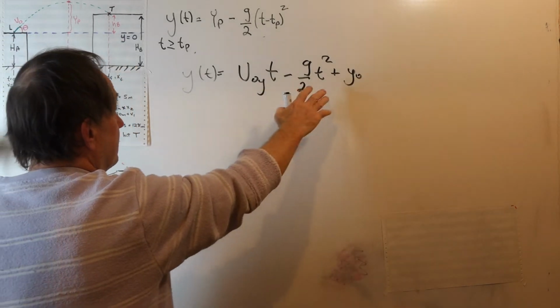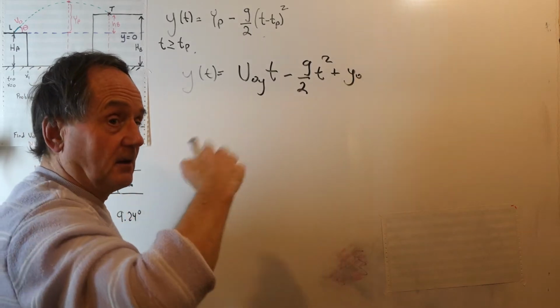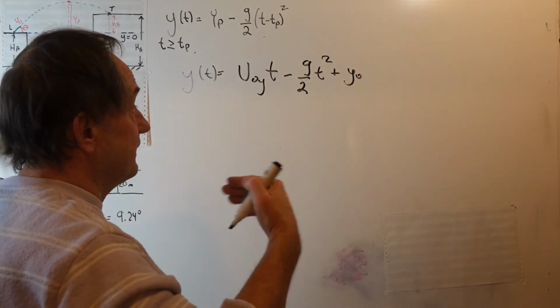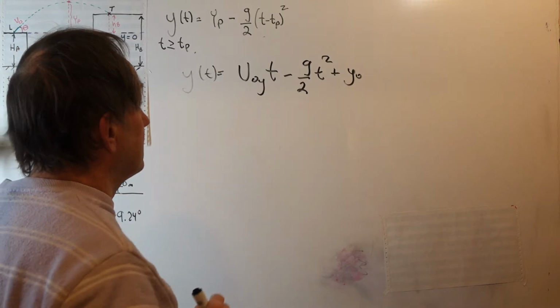And again, we get this by doing a double integration on the acceleration due to gravity.